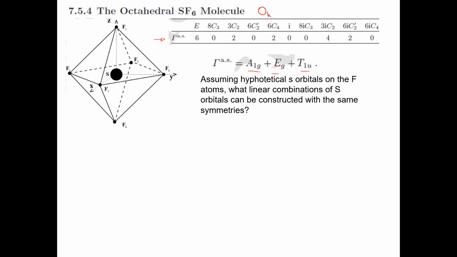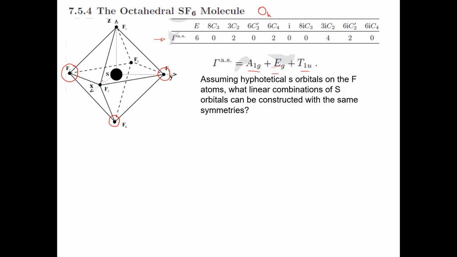So what I'm going to do in this exercise here is to assume that in each of the fluorine atoms I have s orbitals, and this is not the case in real life, because what I should have here are actually p electrons, or rather p holes.